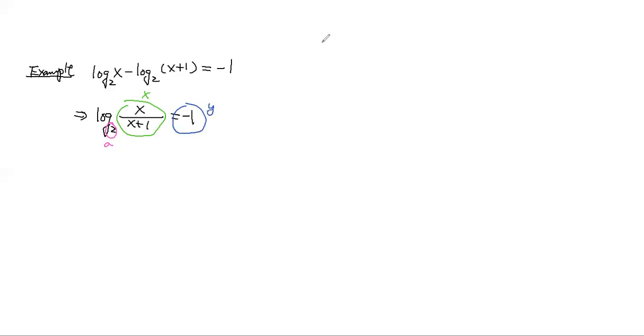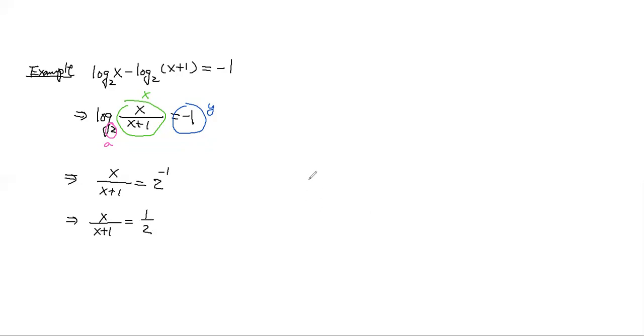So we do the same tricks, like now we change it to exponential. So that means x over x plus 1 is equal to 2 to the y, so 2 to the -1, which is 1/2, correct?